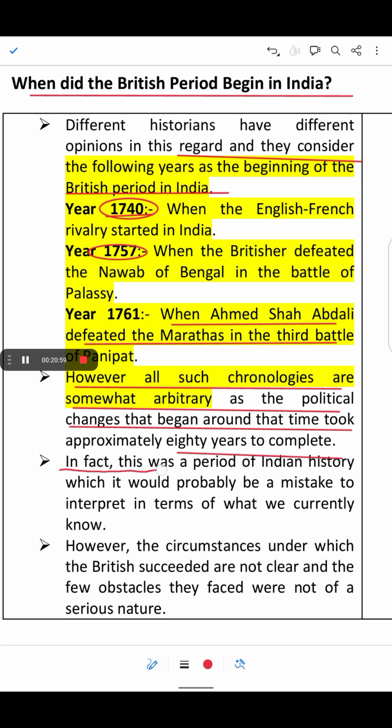In fact, this was a period of Indian history which it would probably be a mistake to interpret in terms of what we currently know. However, the circumstances under which the British succeeded are not clear, and the few obstacles they faced were not of a serious nature. Now, some historians believed that British power began in India in the year 1761.